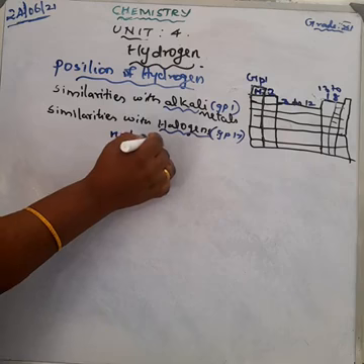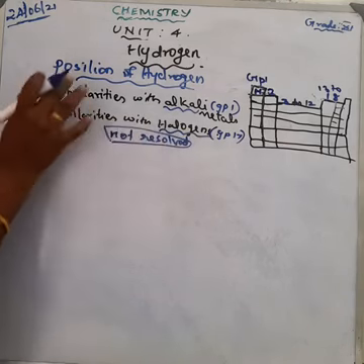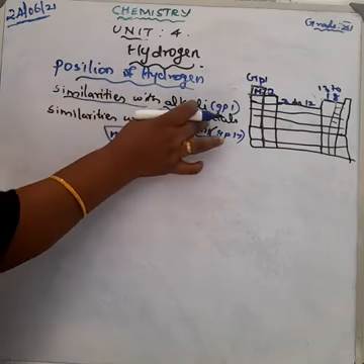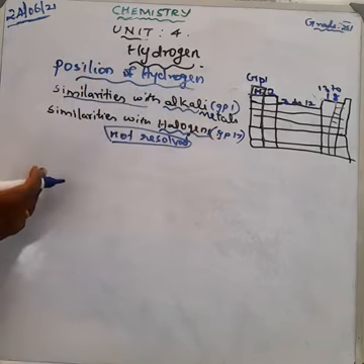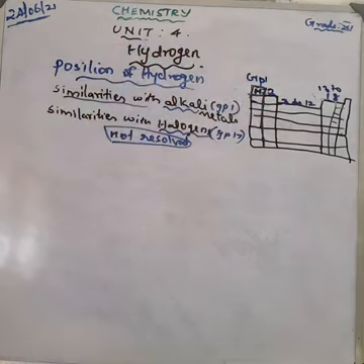But in accordance with certain similarities with alkali metals, hydrogen is placed as the first element in the alkali metal group. There are also some dissimilar characters. Similarities and dissimilarities between hydrogen and alkali metals are both there.